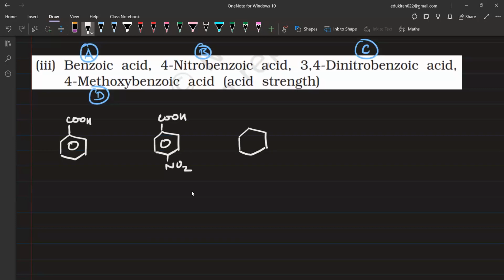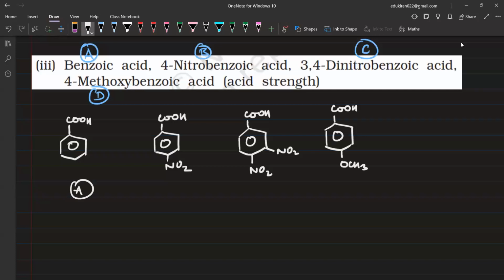That means we have benzoic acid, the third position has NO2, and this position also has NO2. Then we have the methoxybenzoic acid. That means we have the carboxylic acid group in this position, and you have OCH3 here. And this is A, this is B, this is C, and this is D.